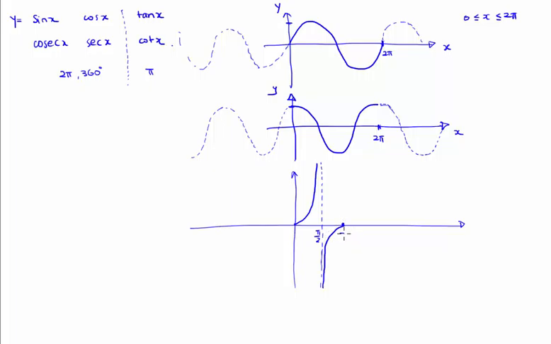Okay, so that's pi. All right, and then it continues. It continues on as if it's starting again from 0 right here. Okay, so it goes up again, shoots up to infinity, and then there's an asymptote, and then it's this part again repeated.